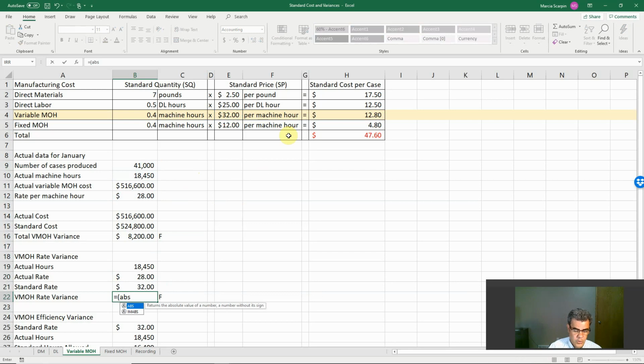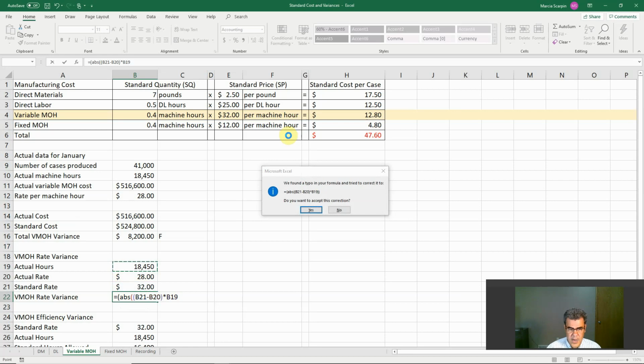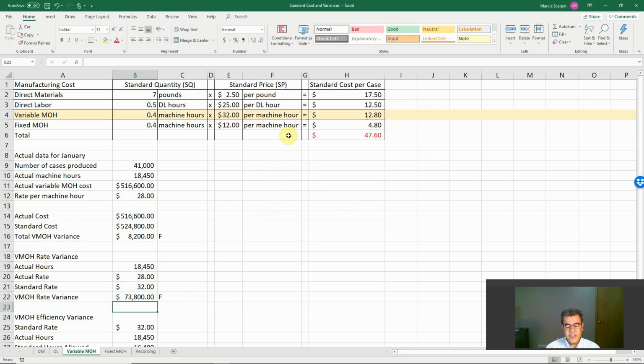Equal, absolute, the difference of our prices, and here it also doesn't matter, actual less standard or vice versa, times our actual hours, 73.8 favorable. Wow, we are working with a very high rate variance.